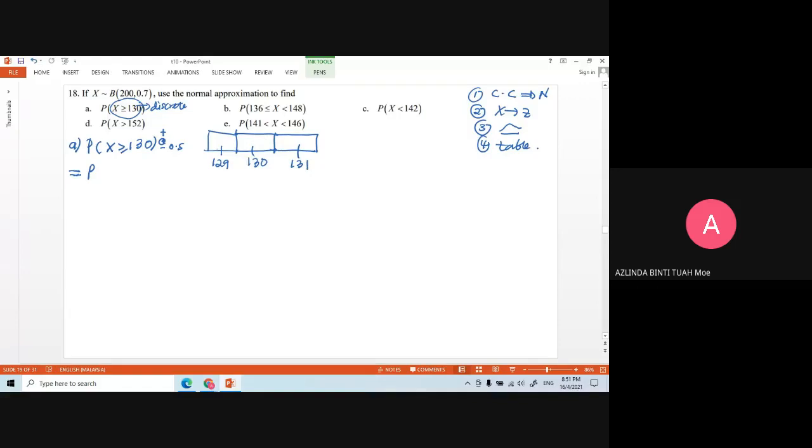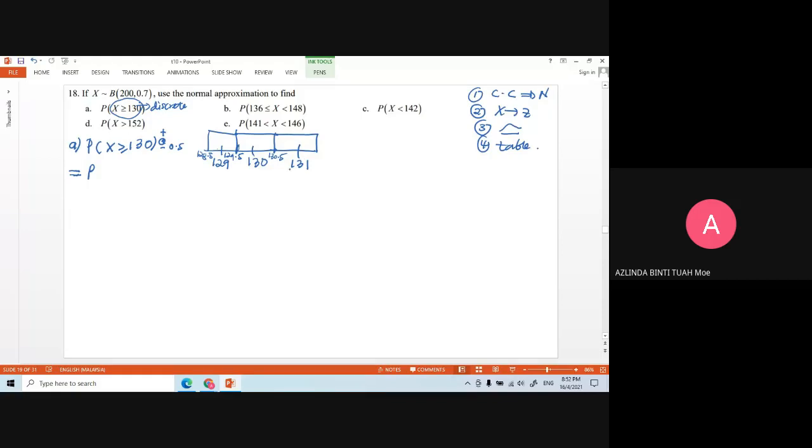So, binomial yang tadinya nilai 129, bila 129 ni masuk normal, dia akan jadi 128.5 sampai 129.5. Tadinya dalam binomial nilai dia 130, bila masuk dalam normal dia akan jadi 129.5 sampai 130.5.